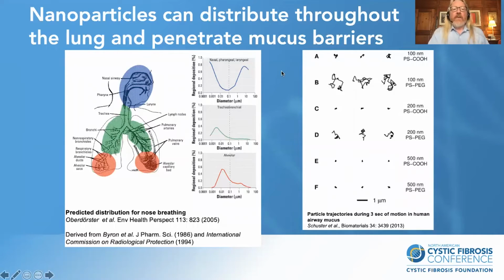In addition, it's known that nanoparticles that have the right properties can penetrate through the mucus barrier on the epithelial surface of the airways and the alveoli, and that's been shown by work like this from Justin Hanes' group, where pegylated particles of the right size can migrate efficiently through mucus.